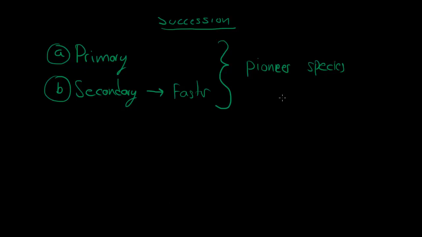When we reach a point where the living organisms that arrive there at the end will stay forever, we call that a climax community. It's basically when the community is now stable.